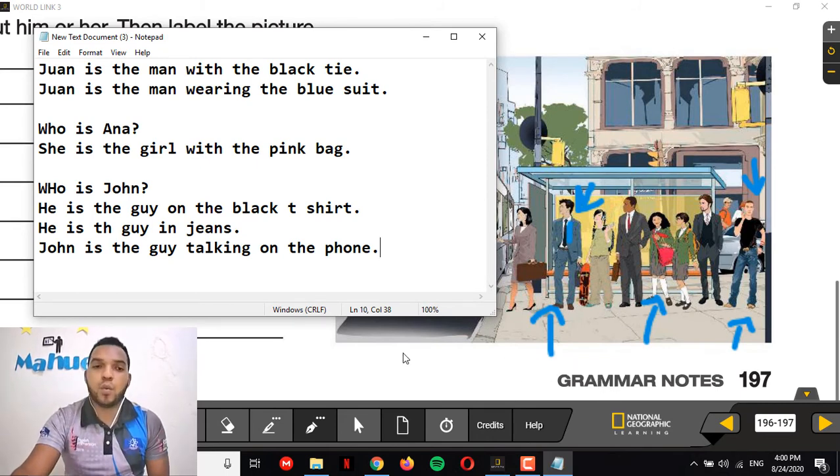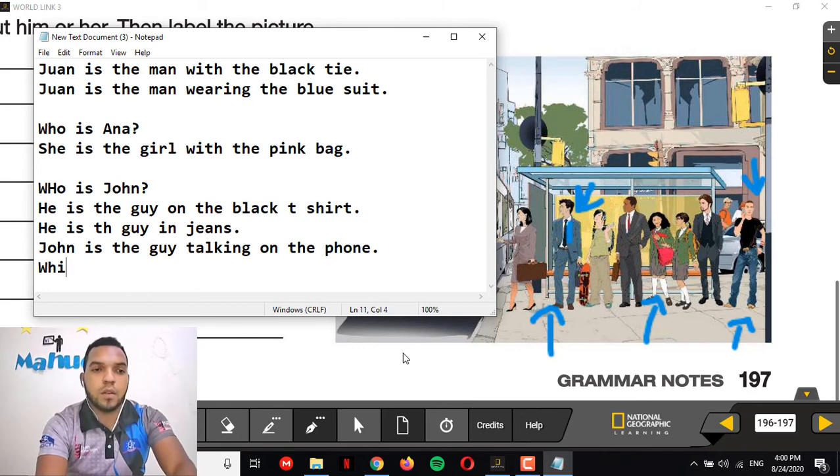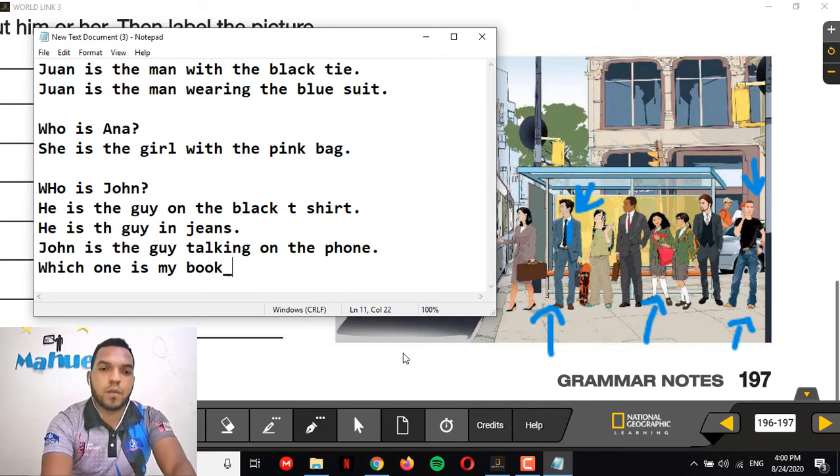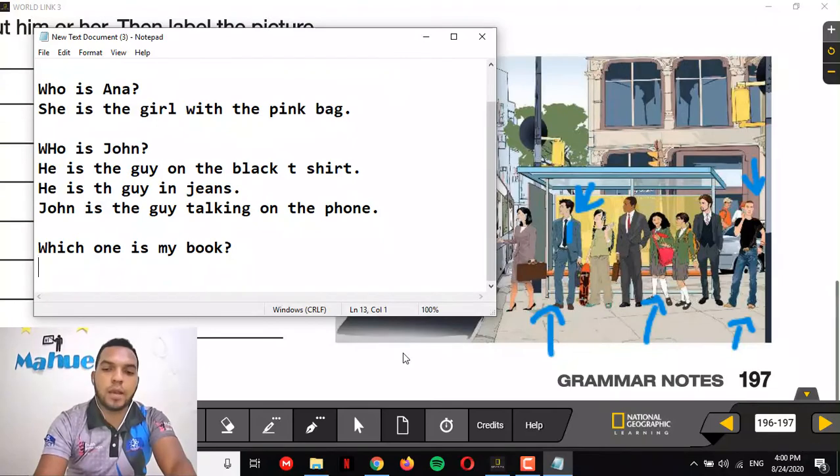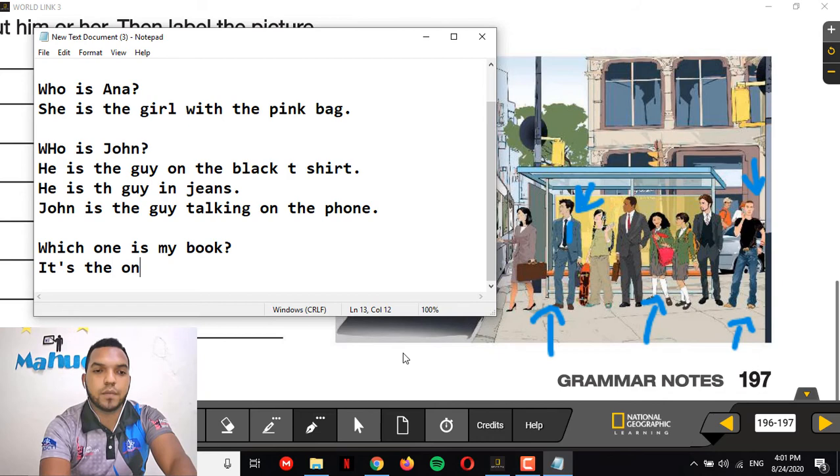If I ask you which one is my book? I can answer to help you identify. It's the one on the table.